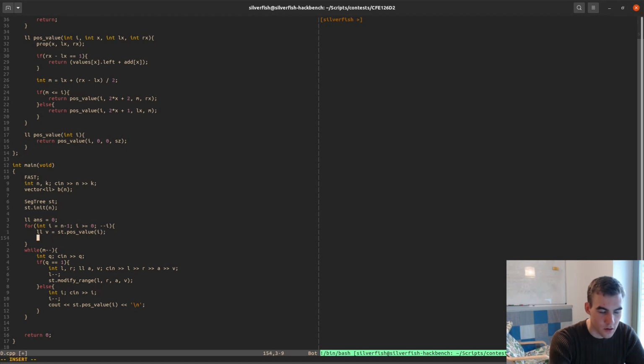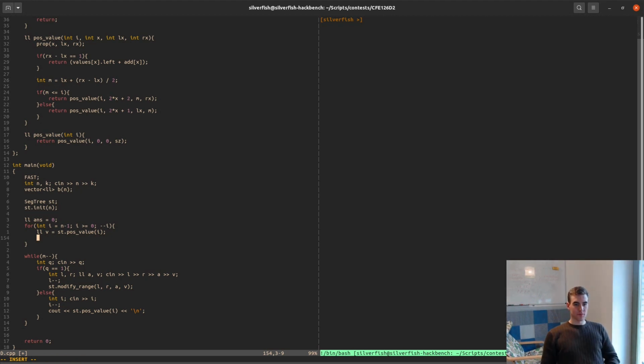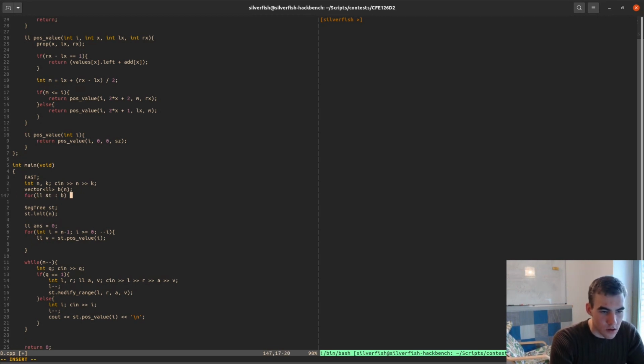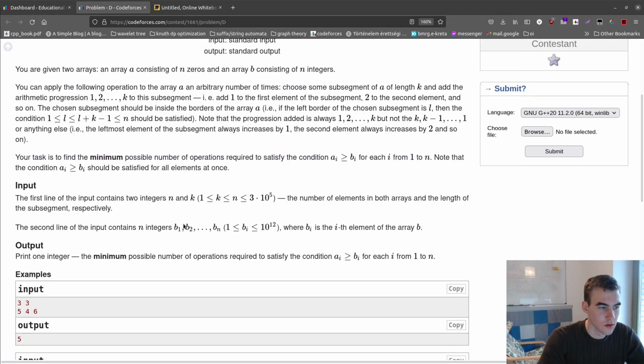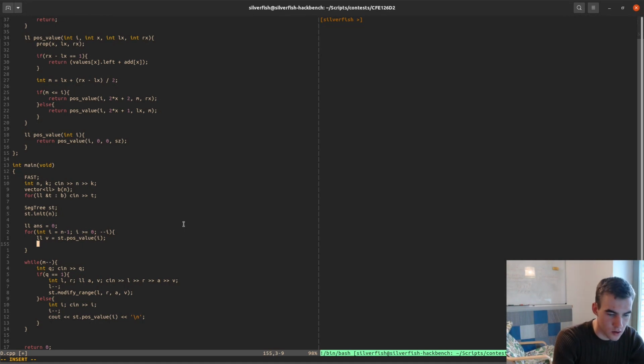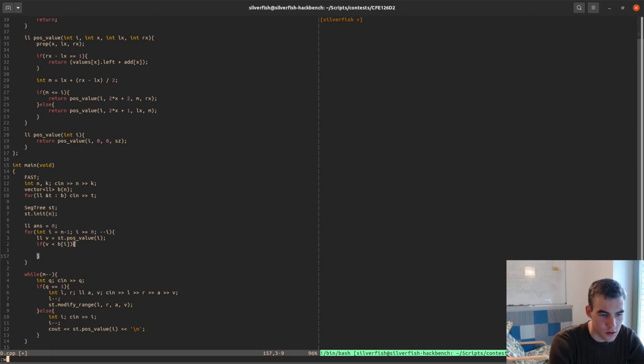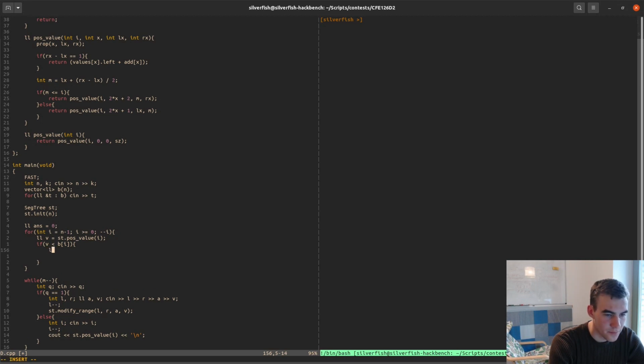At position I. Wait, did I? No, I didn't read in B. Read in B. I have the position value of I, if V is smaller than B I. What's the largest number I can subtract from B I?